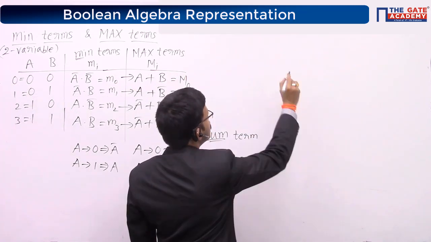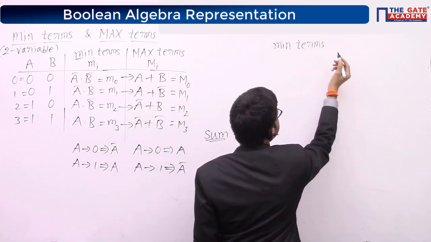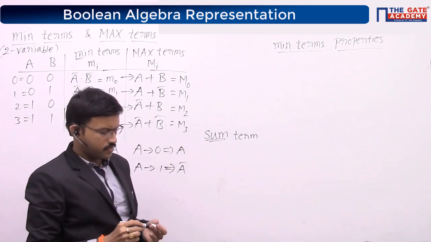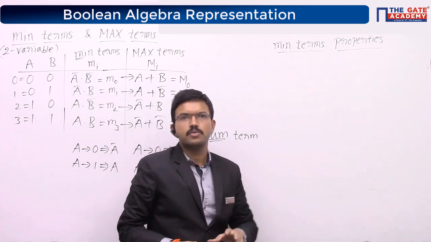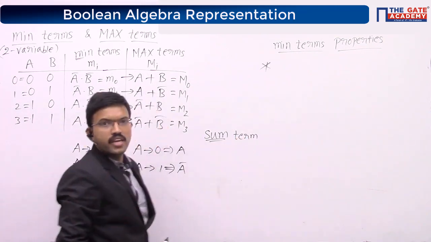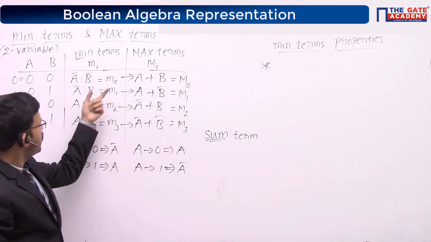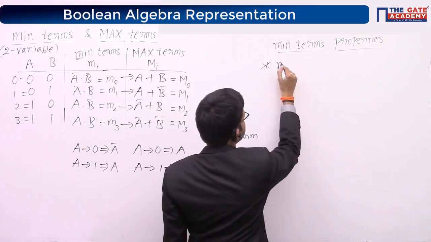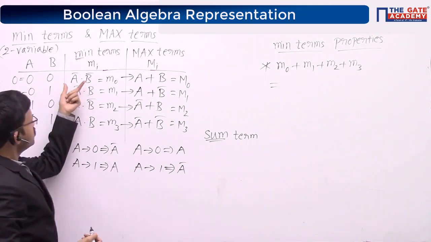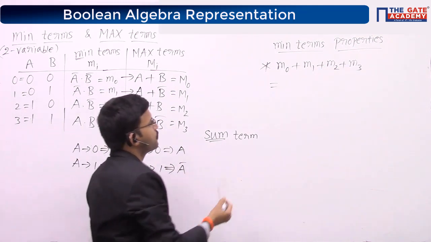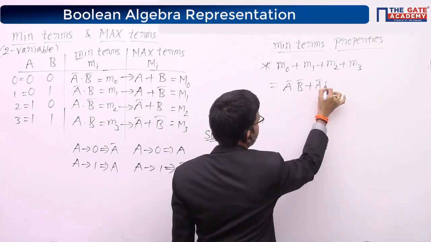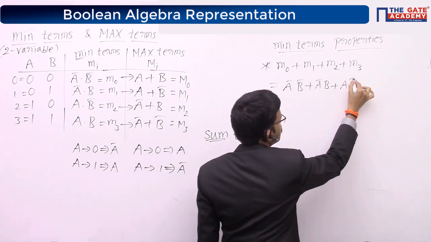Next one, properties of the min terms. I will discuss regarding the significance a little later. Here we have considered 4 min terms, right? Add all those: m0 plus m1 plus m2 plus m3. Substitute in terms of the variables. That is a bar b bar plus a bar b plus a b bar plus ab.